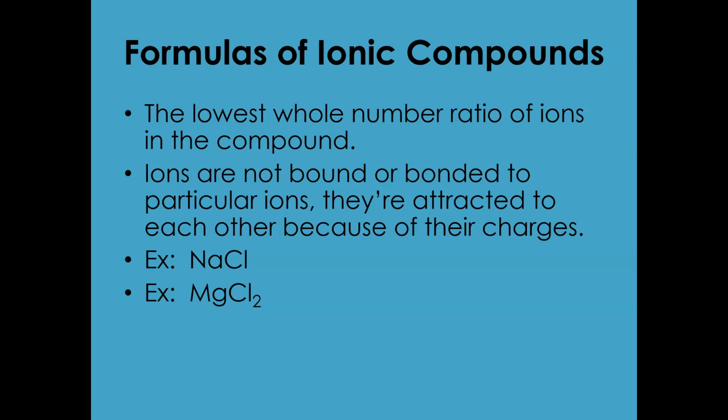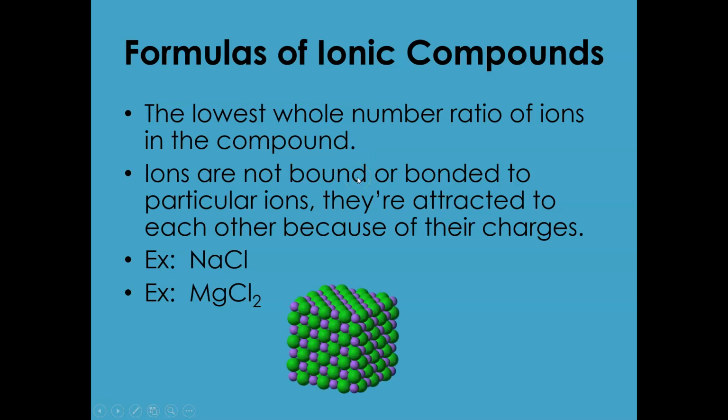We're not going to spend a lot of time talking about this, but I just wanted to bring it up briefly. The formula for an ionic compound is the lowest whole number ratio of ions in the compound. As you'll recall from the picture I showed you of sodium chloride before, individual ions are not bonded to other individual ions in molecules. Rather, they have this large extended array type structure.